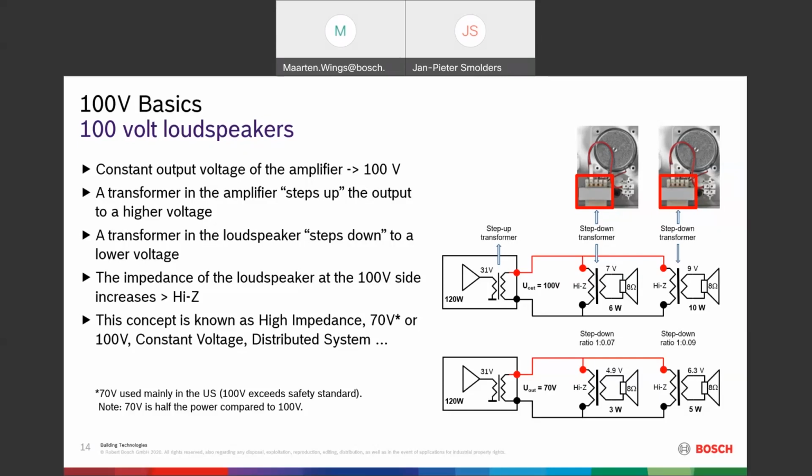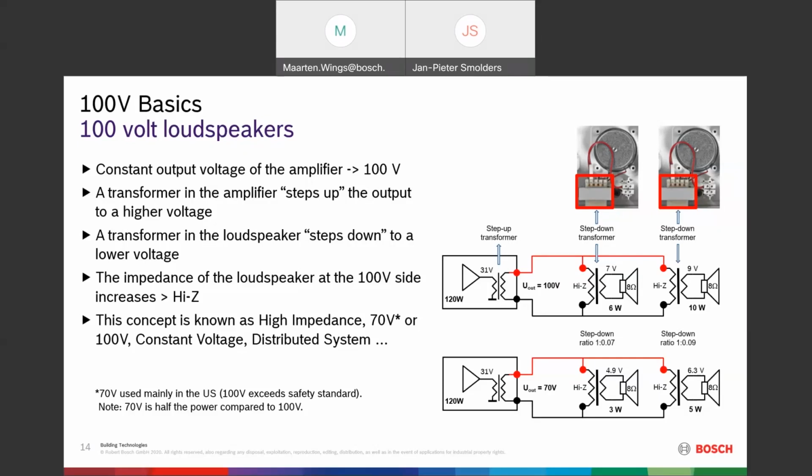You can calculate that. If you use the power calculation, power equals the voltage squared divided by the impedance, you will note that it's 3 watt. And for the 10 watt loudspeaker, you will have 6.3 volt. And that means that the power that is left for that loudspeaker is only 5 watts.